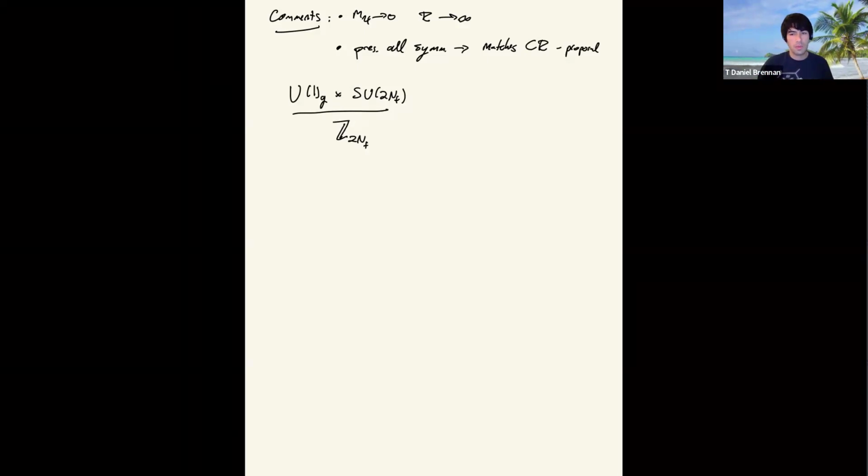That means any interaction that carries away gauge charge is necessarily going to break this SU(2N_F) flavor symmetry. Conversely, any SU(2N_F)-preserving interaction will also preserve the gauge interaction, and this prevents you from carrying away electric charge without breaking a bunch of symmetries.